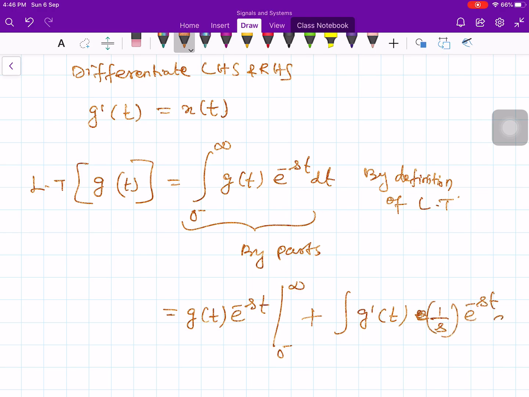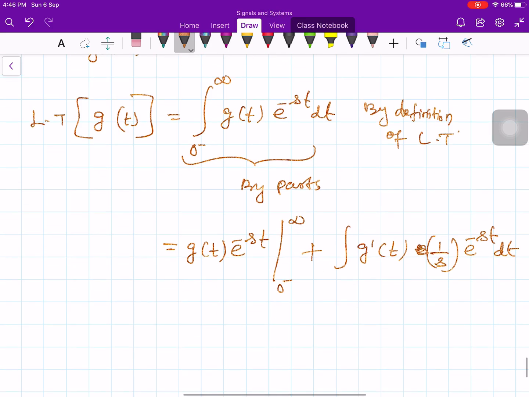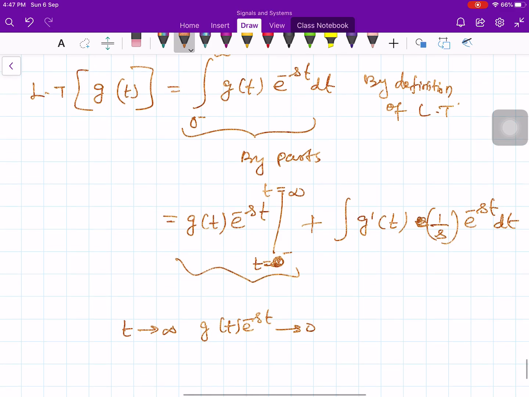Now let us evaluate this. What is the upper limit? At the upper limit, t goes from 0 minus to plus infinity. When t goes to infinity, g of t times e to the minus st goes to 0. Why? Because that is how we defined the Laplace transform.